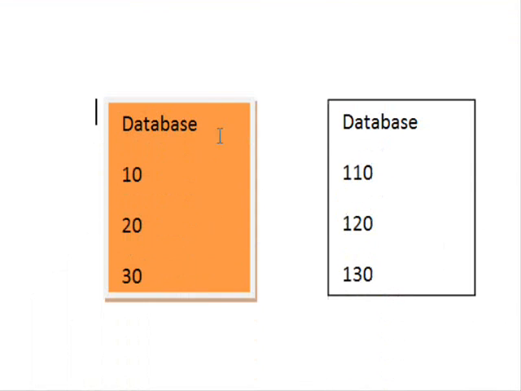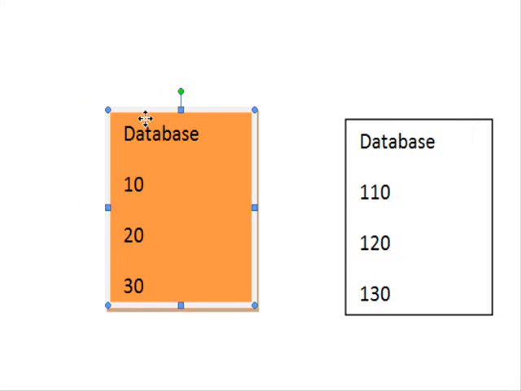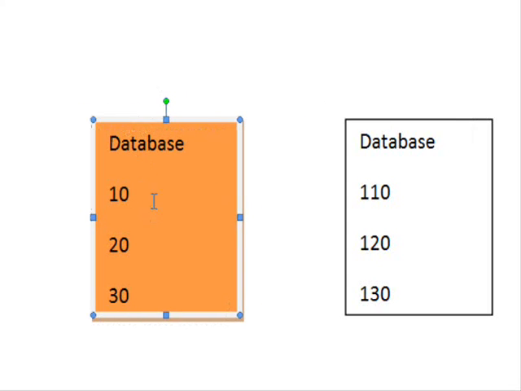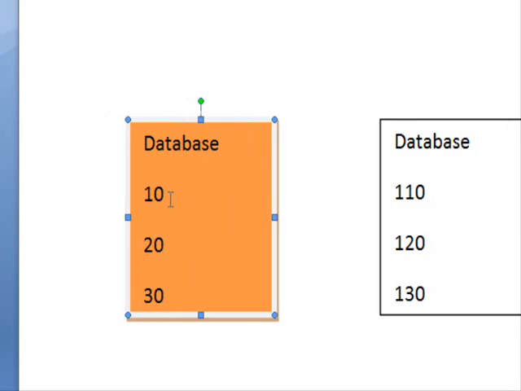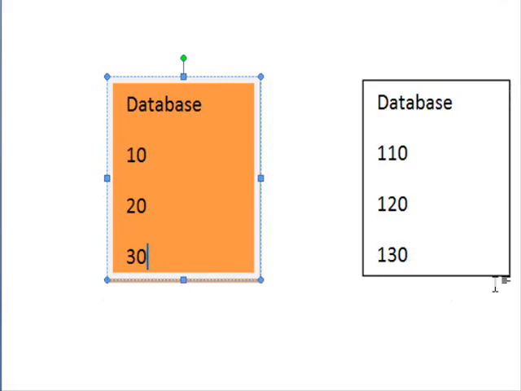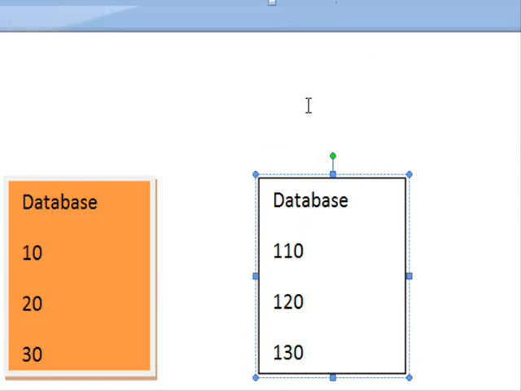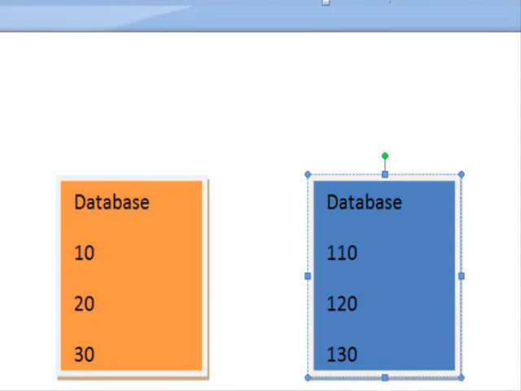It's unmodified, and you want to perform update operations by adding 100 to each of those numbers. Let's say these are salaries in one of the tables, and you want to add 100 here, here, and here, and make it look like this. I'm going to change this, make it blue.